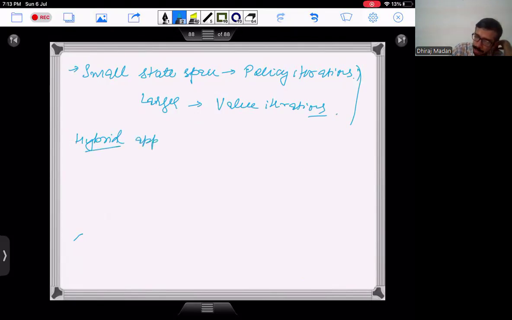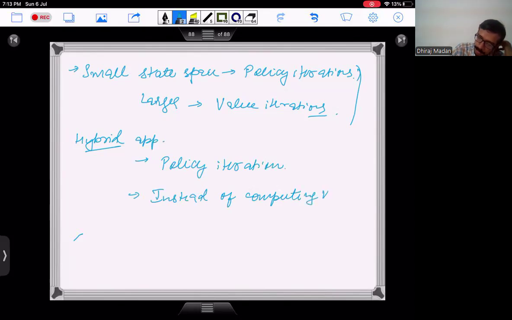The hybrid approach involves doing policy iteration, but rather than computing v pi exactly, you can run a few steps of Bellman's equations for policy pi.